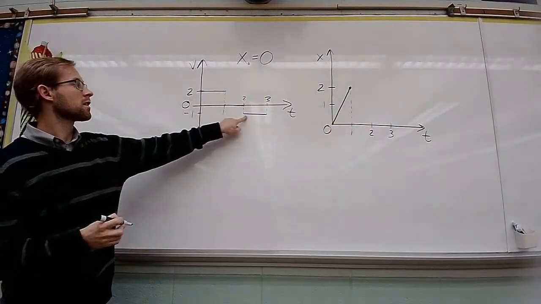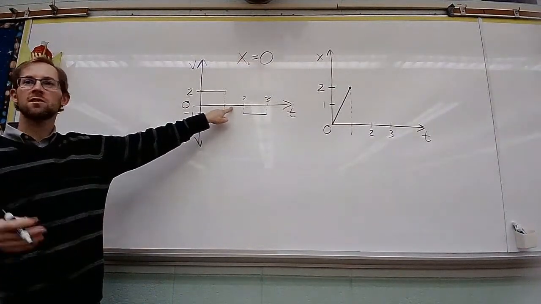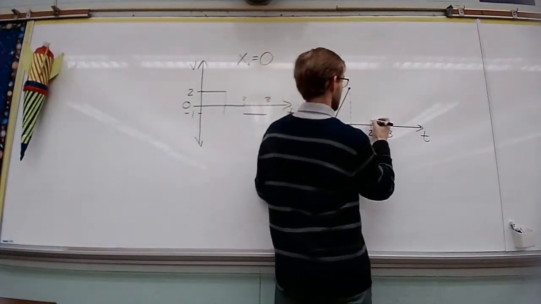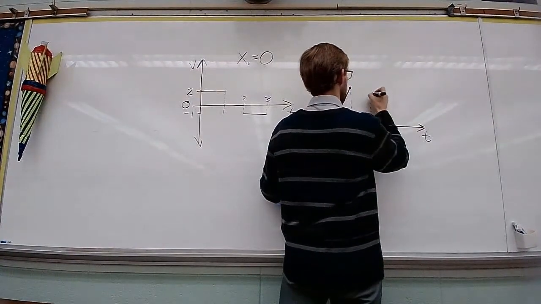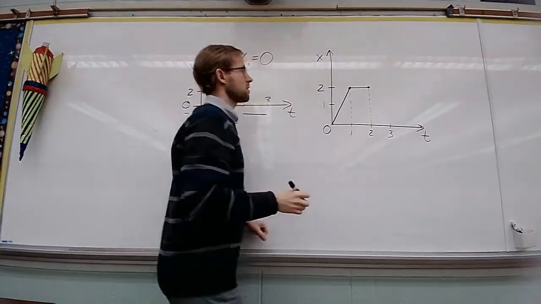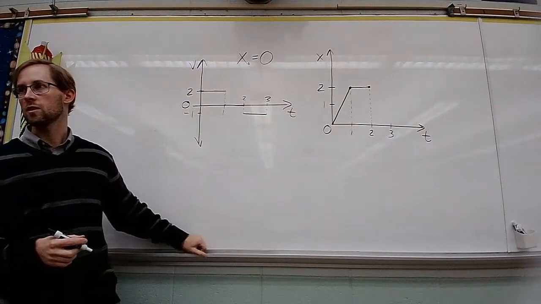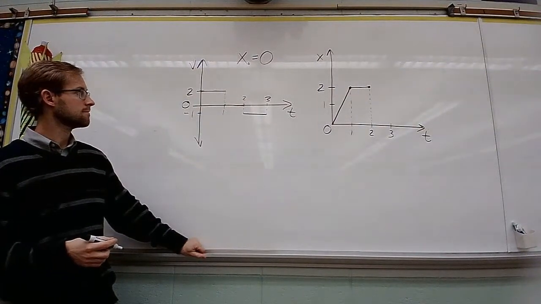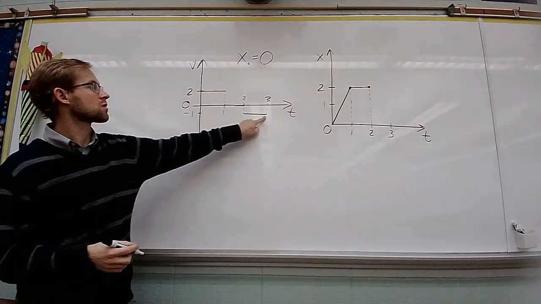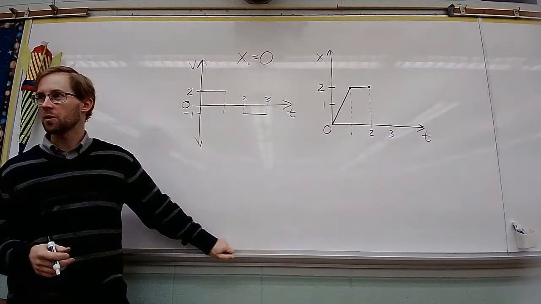Now from 1 to 2 seconds, we've got a velocity of 0. Obviously that means we're not going anywhere for that second. So at 2 seconds, our position has not changed. We're still at 2 meters. Now from 2 to 3 seconds, we're moving at -1 meter per second.